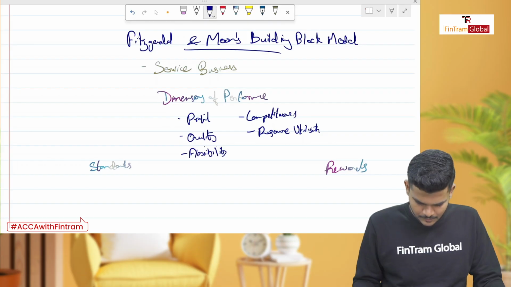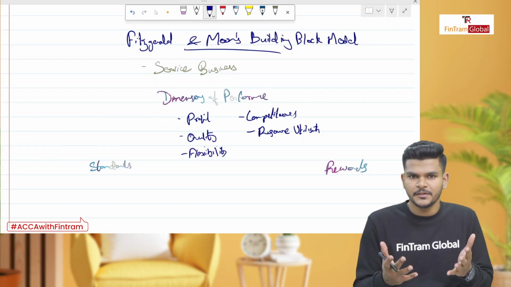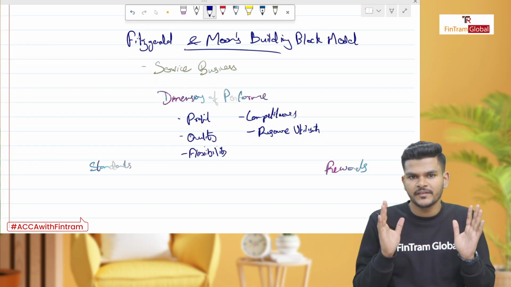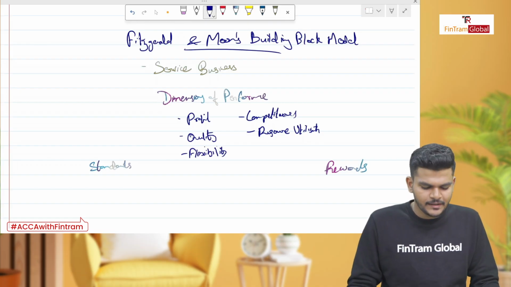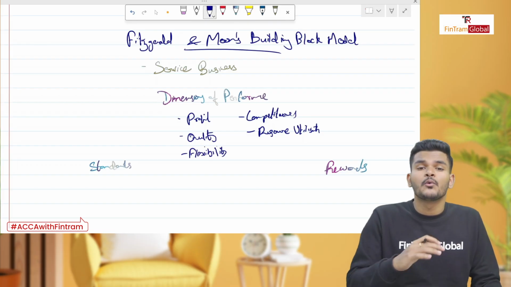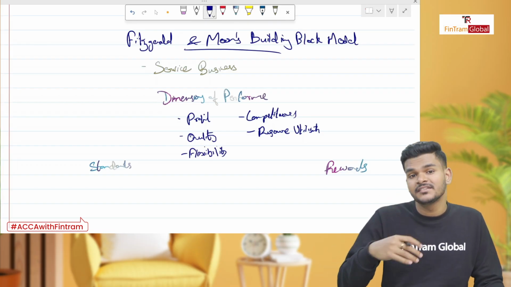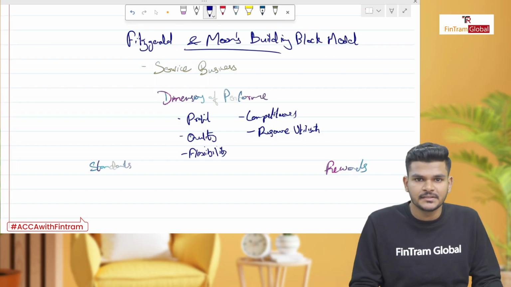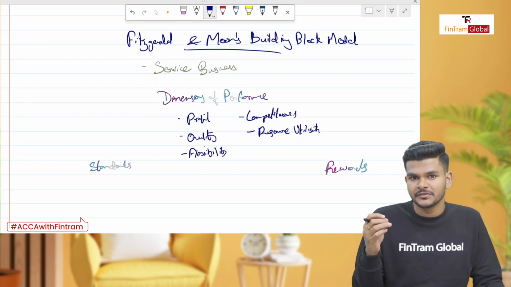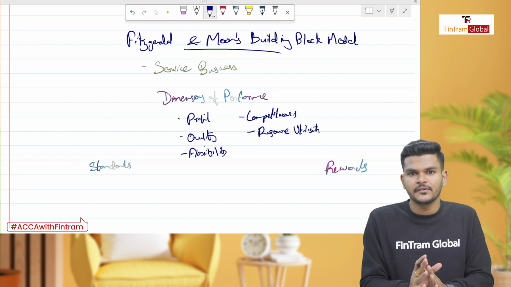These are the five dimensions of performance. Profit, as we know, is all about maximizing the profit of that particular business overall. And then quality needs to be focused on, especially when it comes to a service business, quality is a very important aspect. How is the service provider interacting with the customers? Are they able to provide services depending on the customer's needs? How's the overall layout and everything of that particular business?